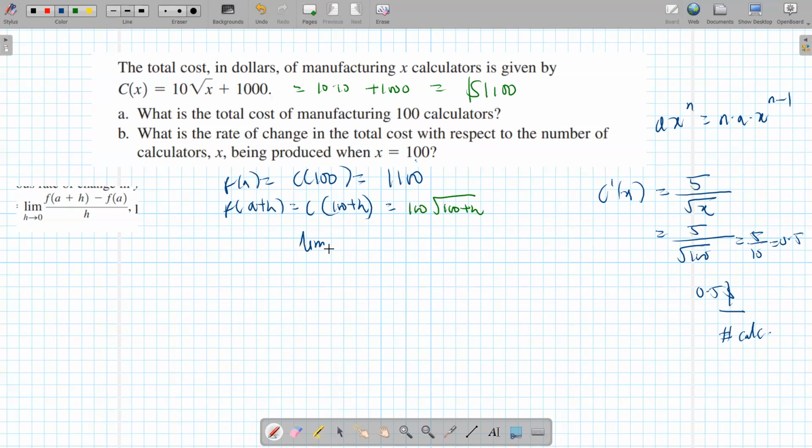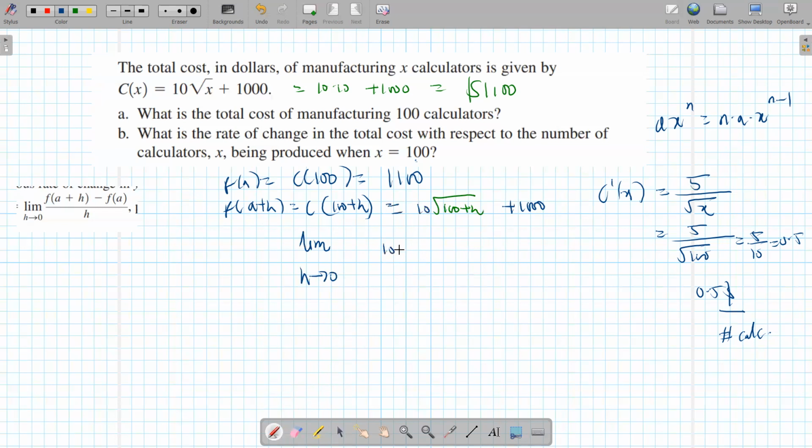Now we're going to set it up. Limit as h goes to 0, f of a plus h, which for us is 100. There's also a plus 1,000 here. So 10, sorry, it's not 100. 10 is on the outside.